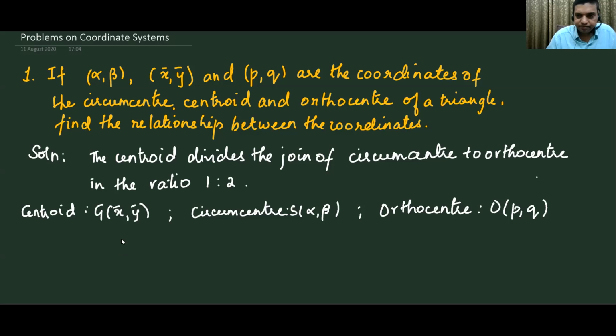So the centroid x bar comma y bar divides these two, S and O, in the ratio 1:2.